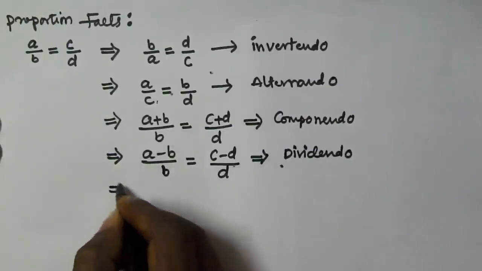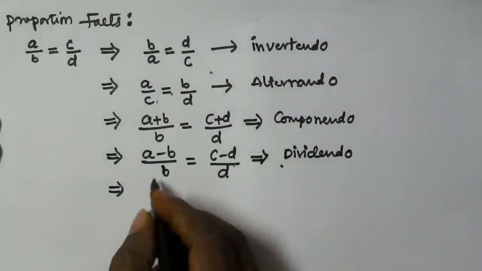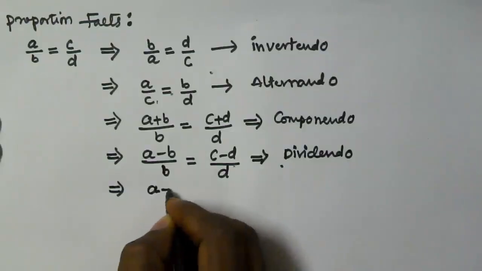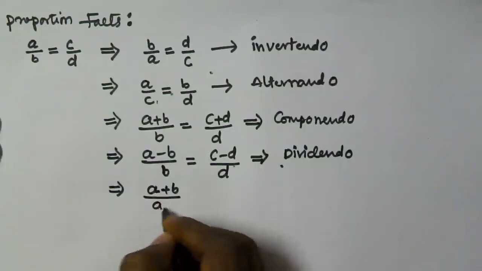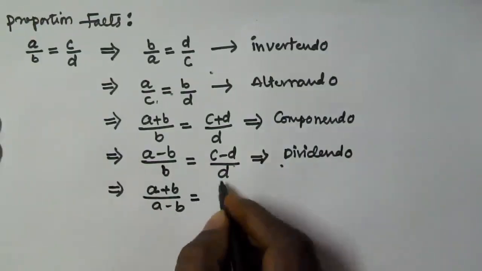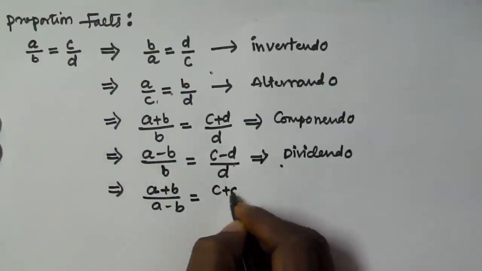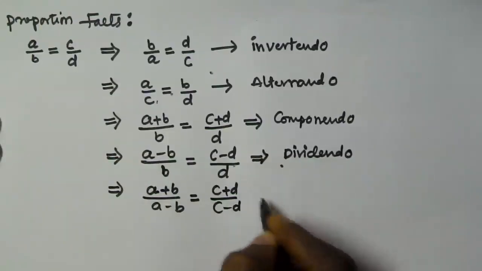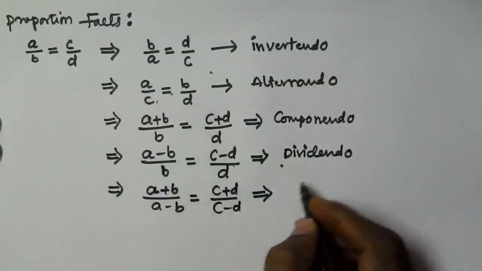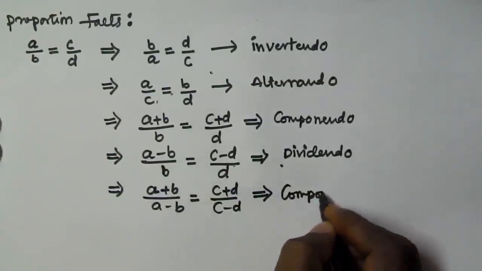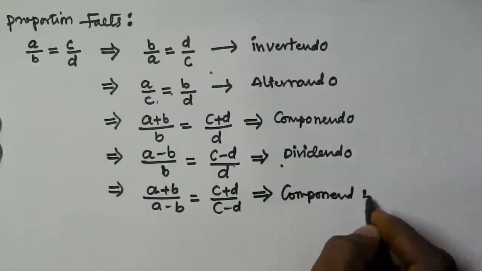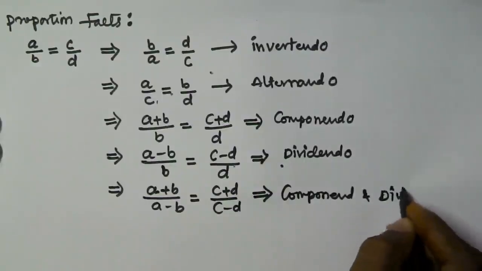And this same proportion can also be written as A plus B by A minus B equivalent to C plus D by C minus D. So this is called as componendo and dividendo.